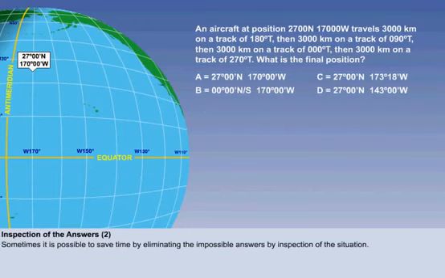going on and instantly eliminate the impossible answers. We start in the Northern Hemisphere and fly 3,000 kilometers south. We don't need to work out the exact latitude, it's just further south and therefore nearer the equator.